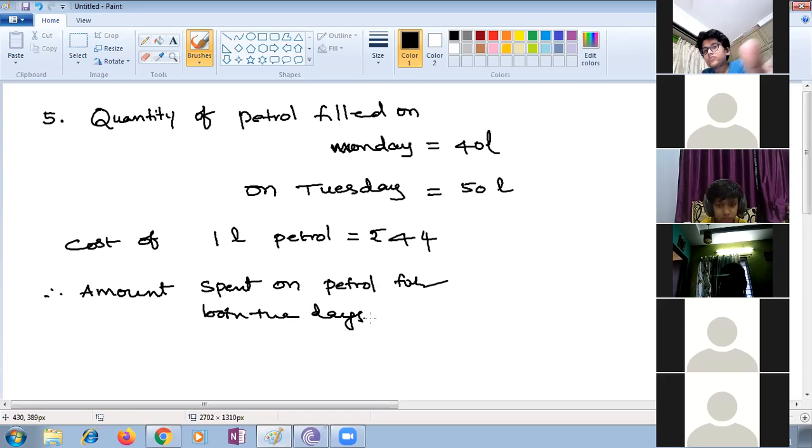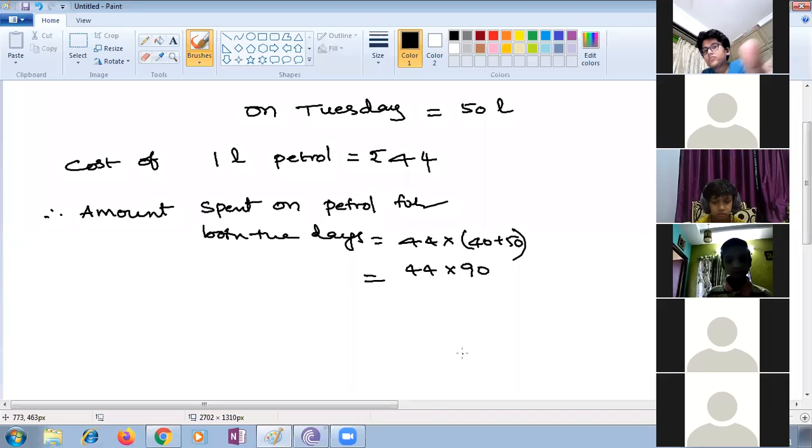This is 44 multiplied by bracket 40 plus 50. Here, 44 multiplied by 90. Yeah, 44 nine times. Multiply by 9 and just add a 0. Ma'am, 44 into 9 is equal to 396.